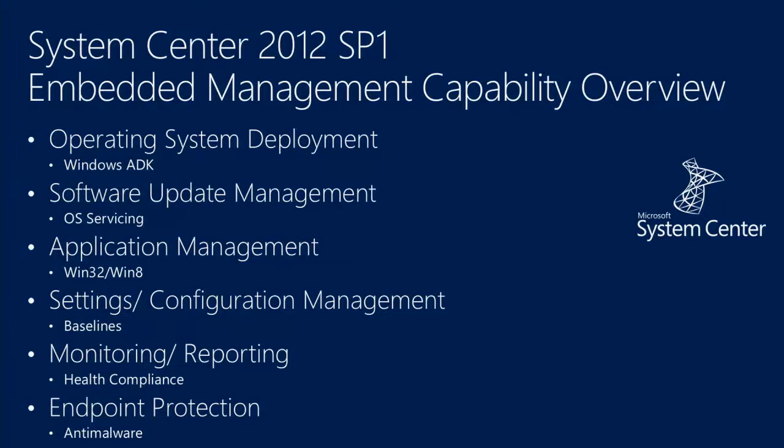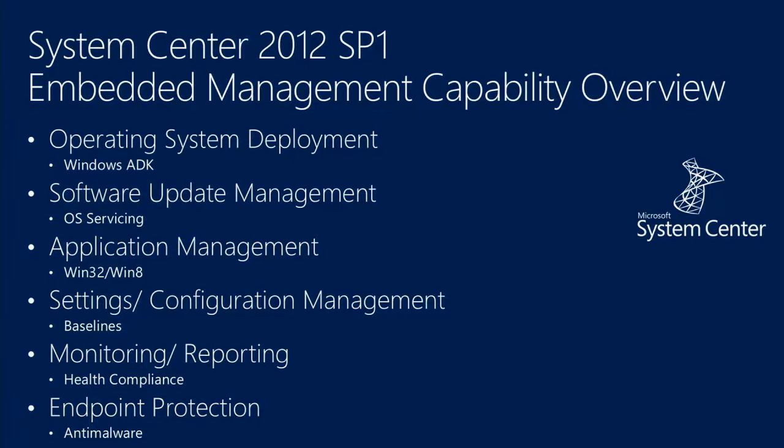And application management so you can deploy and manage Win32 applications as well as Windows 8 applications on embedded devices. And we will talk about the challenges with Win 8 applications in terms of registering those, but you can still manage those applications. And we have settings and configuration management using baseline. So you can just create a baseline as you would for any other desktop solution. You can create configuration items, wrap those in a baseline, and then deploy those to an embedded device as well.